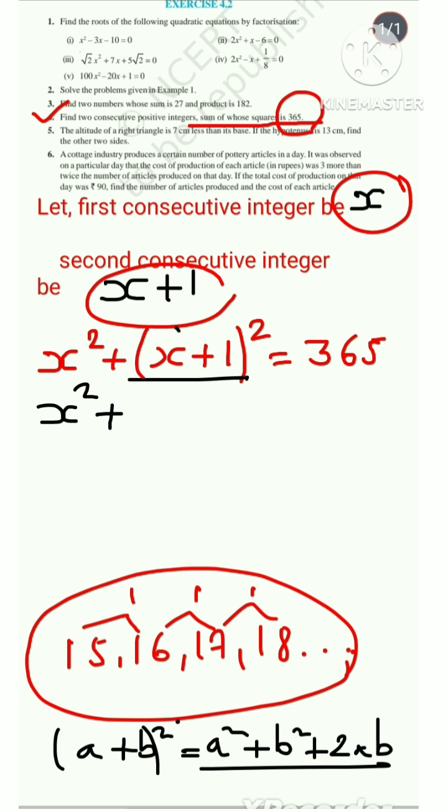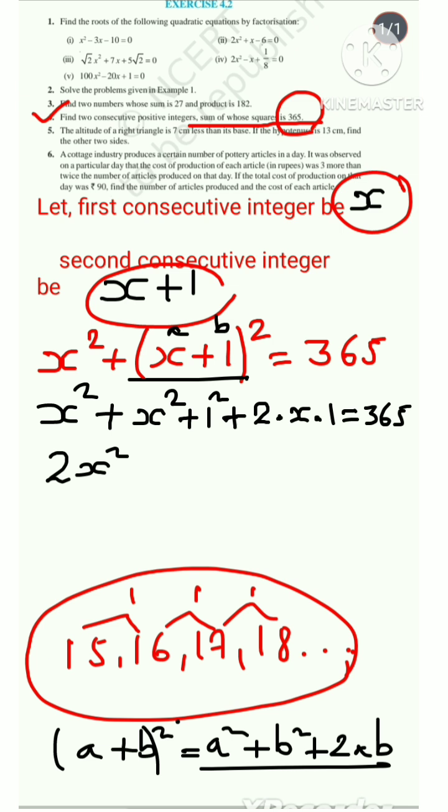Let's assume this is a and this is b, right? Now we can expand like this: x square plus 1 square plus 2 into x into 1 equal to 365.